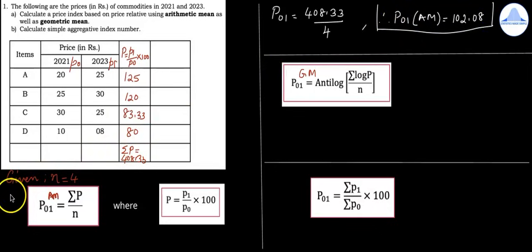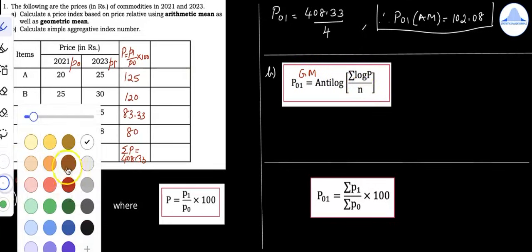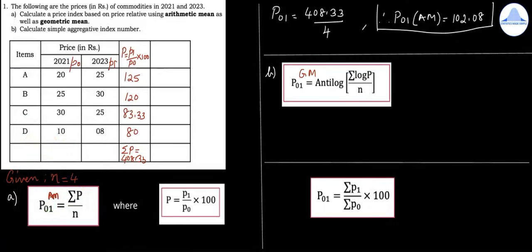Second subdivision, let us find out the simple geometric mean index number or the unweighted geometric mean index number. So P01 of GM is equal to antilog summation log P by N. So we have to go back to the table and then calculate the log P values, and for log P we take 4 places after the decimal after rounding off.